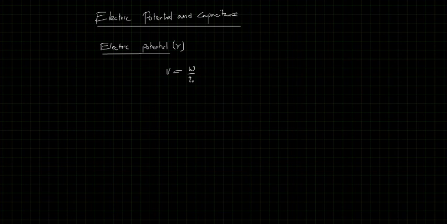Imagine I have some positive charge placed here, and I am bringing a small 1 coulomb charge towards it. I will have to do some work to bring this 1 coulomb charge towards it. So I have to do 1 times work.